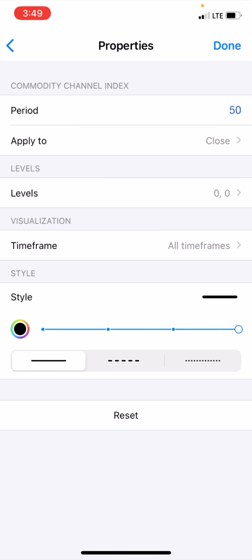For the styling, I need you to use black color. Please make sure you follow the exact colors that I'm using here, so that when I'm explaining it, you will be able to follow accurately. So use the black color, and please leave it at pixel 4, and that's it.